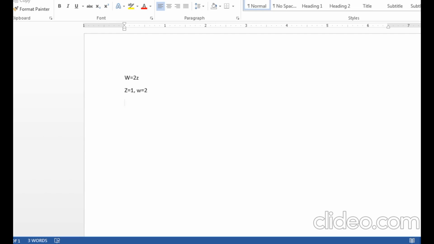Similarly, when z equals 2, the output will be w equal to 4, and when z equals 6, the output will be 12. So whenever a function is known, it is easier to find the outputs whenever the inputs are given. You can give n number of inputs and find the outputs similarly.